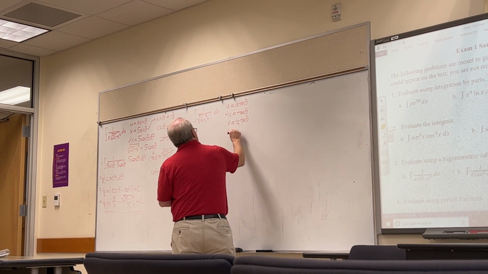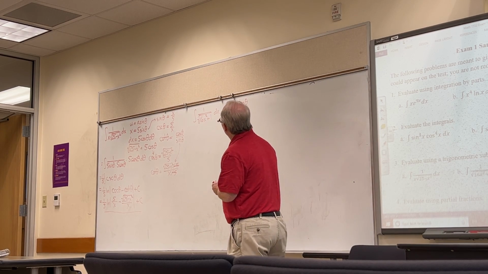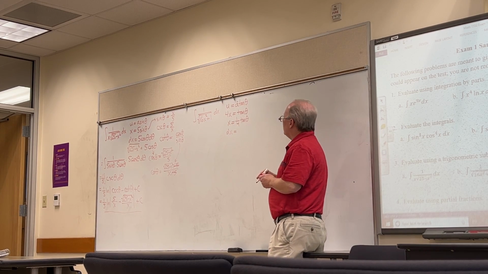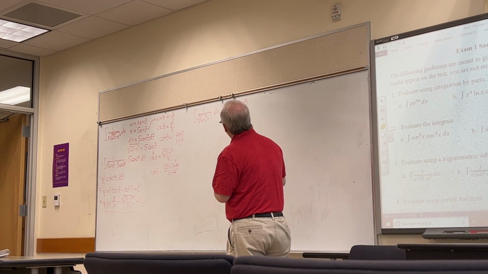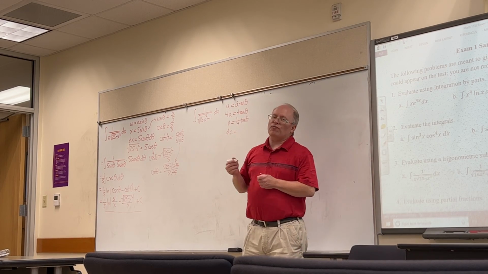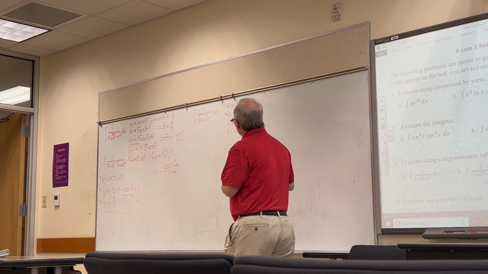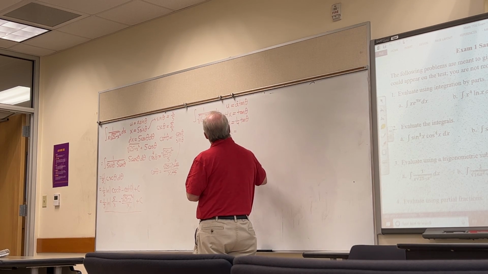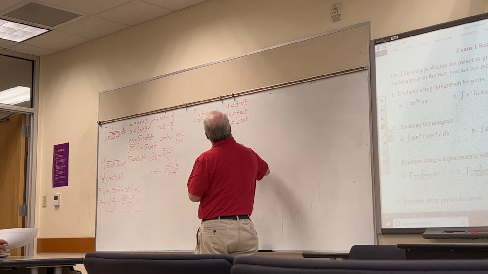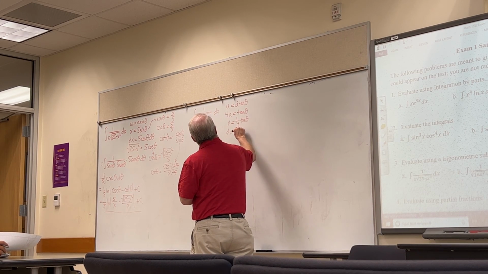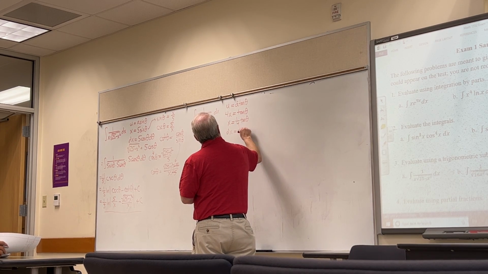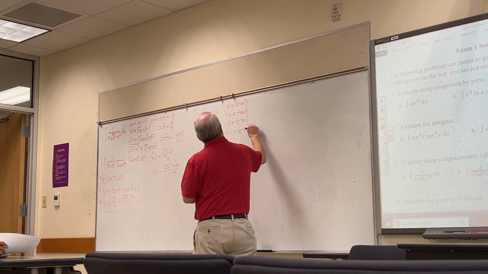So what's dx? What's the derivative of 1/4 tangent of theta? It's 1/4 secant squared of theta d theta.